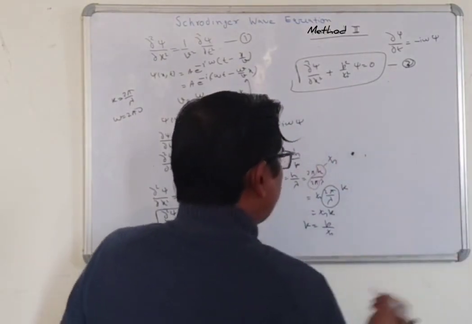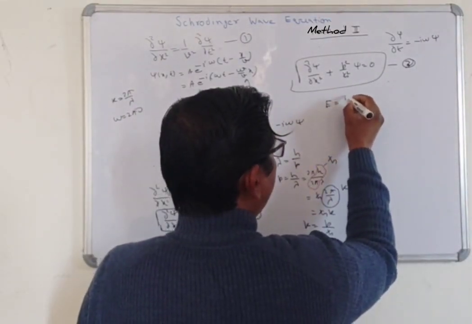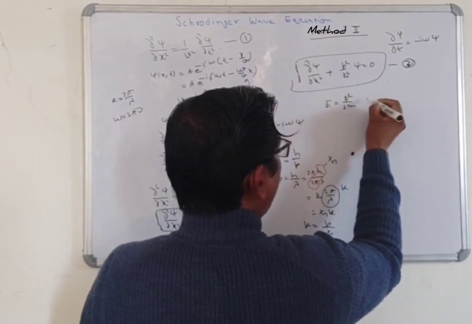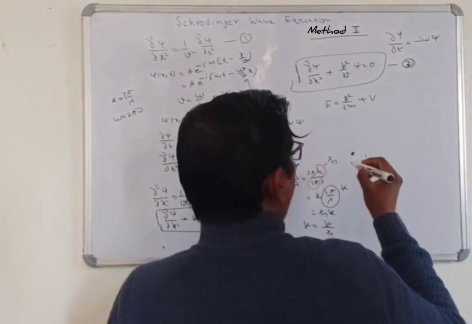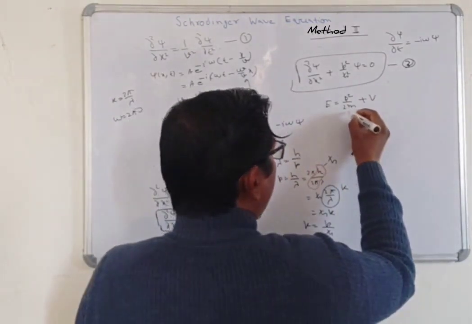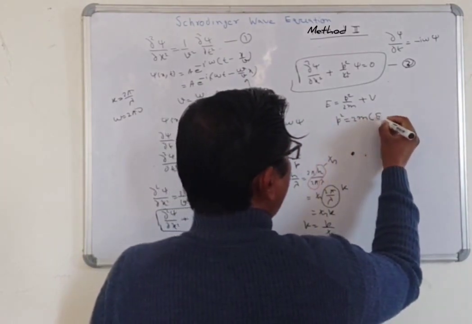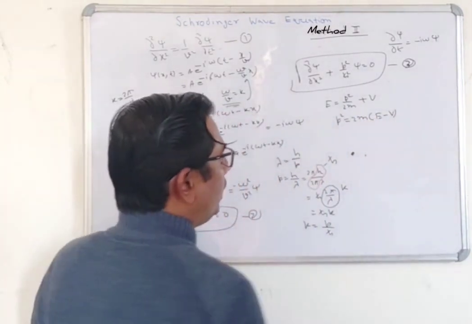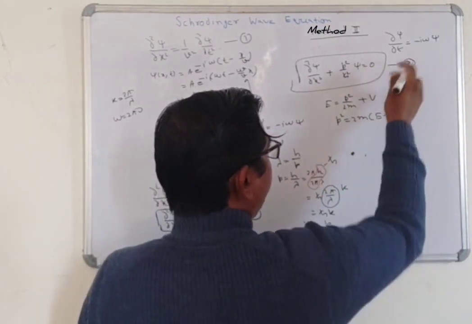Now all of you know that the total energy can be written as E is equal to p square by 2m plus V. Now the value of p square is equal to 2m into E minus V, where V is the potential energy and E is the total energy, and we put this value in equation number 3.